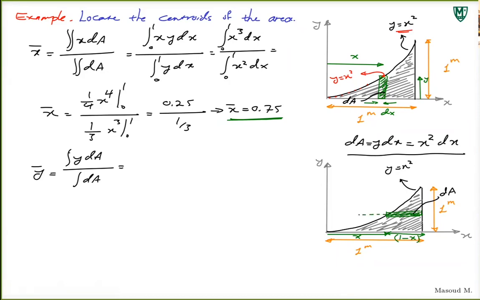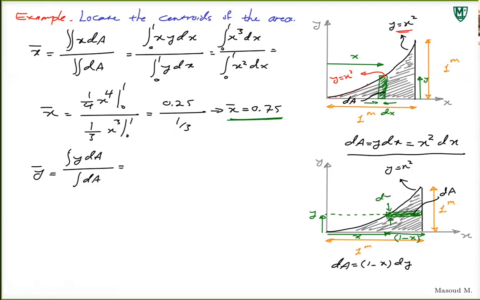And this is also height, so the height would be just y. Now the area for this, dA, is equal to the width 1 minus x times dy, because this is dy.